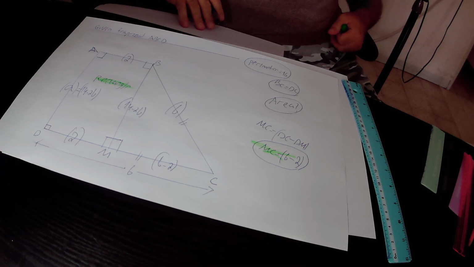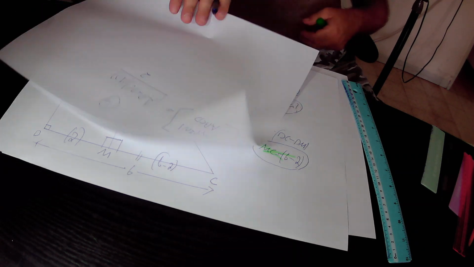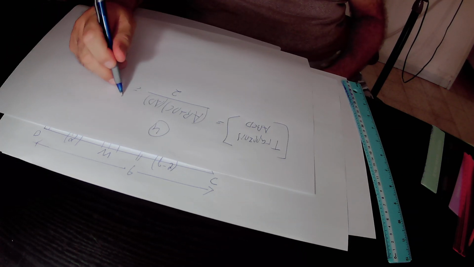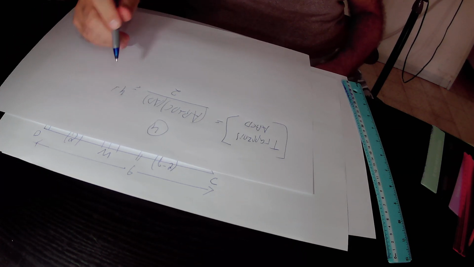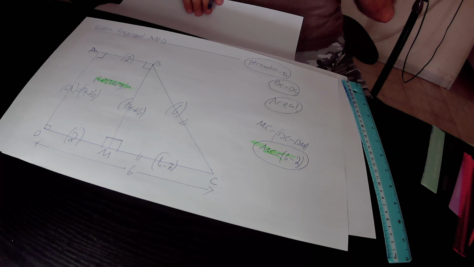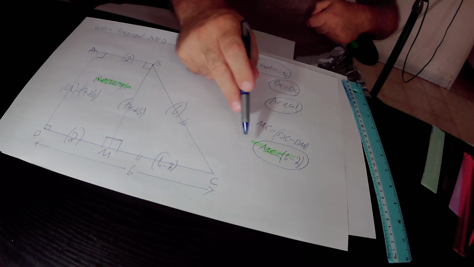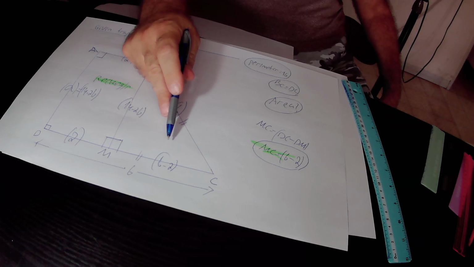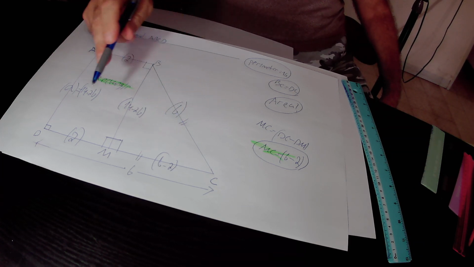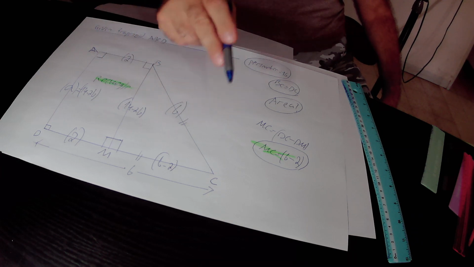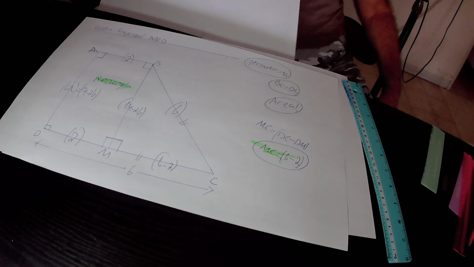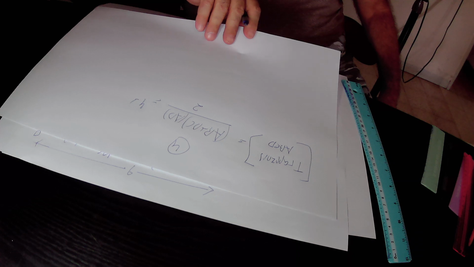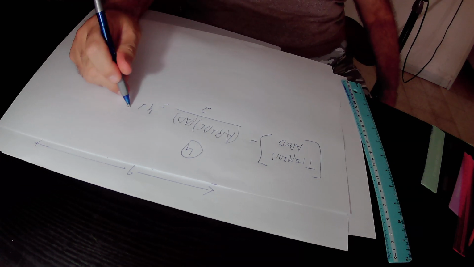So AB equals 4. For DC, it is 2 plus B minus 2. B is 5, so B minus 2 is 3. So DC equals 2 plus 3, that is 5.